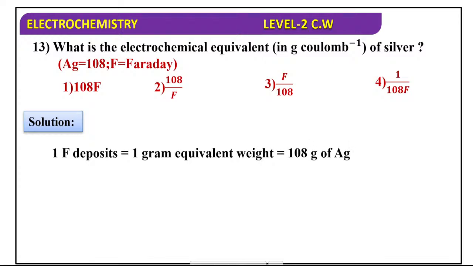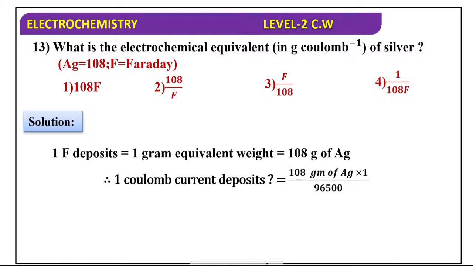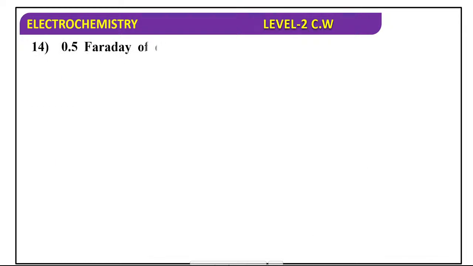So, 1 Faraday deposits 1 gram equivalent of weight, that is 108 gram. So 1 coulomb current deposits 108 gram of silver divided by 96500. So it is 108 by F. Very good.